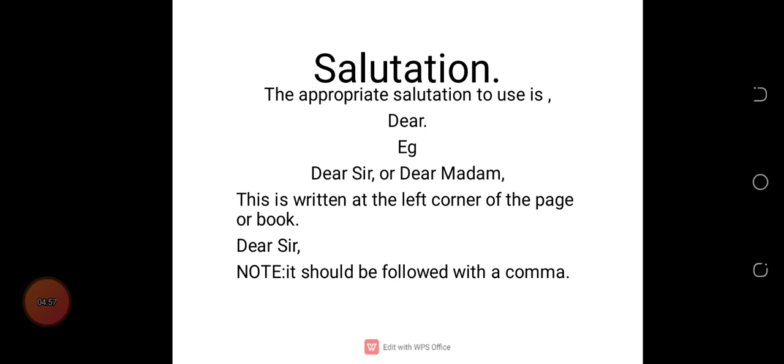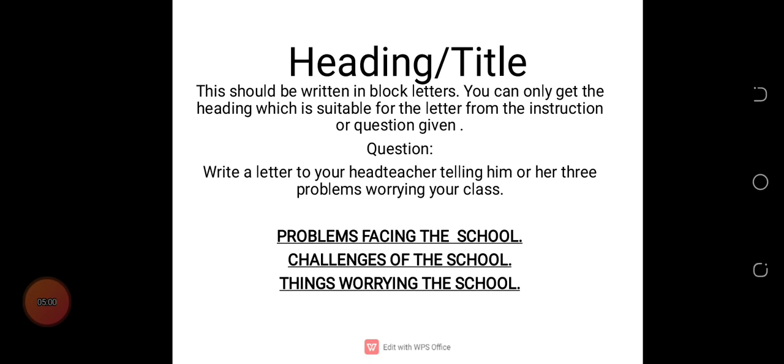Then another thing we look at is the heading or title. Now the heading is very important. We deduce the heading from the instruction given. So if we have to write a letter to the head teacher telling him or her three problems worrying your school, we can have a heading like Problems Facing the School, Challenges of the School, Things Worrying the School.